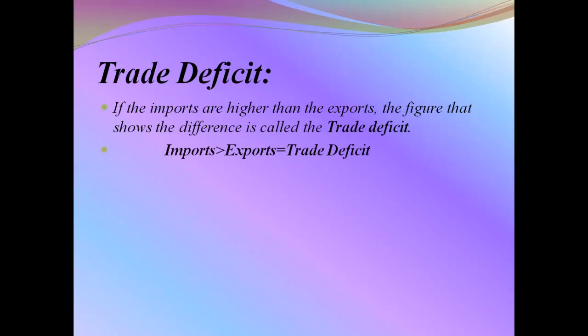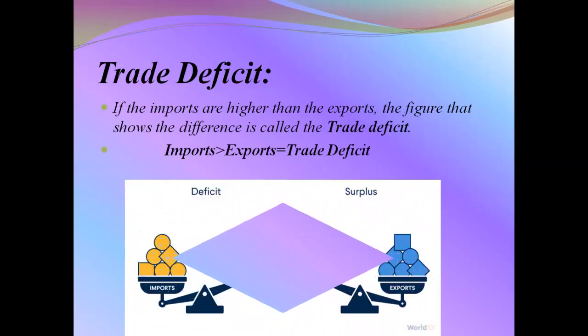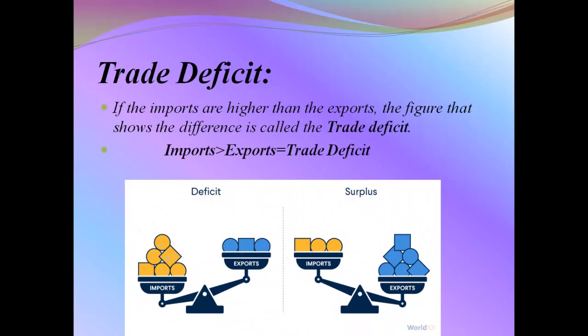It can also be called the negative balance of payments. In this picture, you can see the trade deficit. The imports are higher than the exports. So what will happen? The country will be in debt. The country has to borrow from richer nations, and it has to repay it back with a lot of interest. This is called the trade deficit.